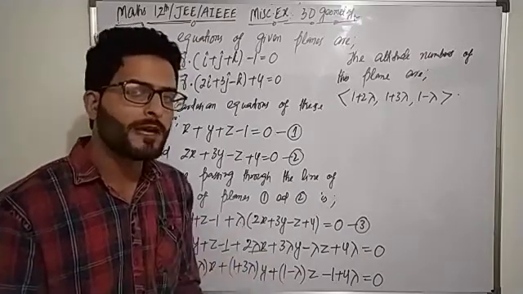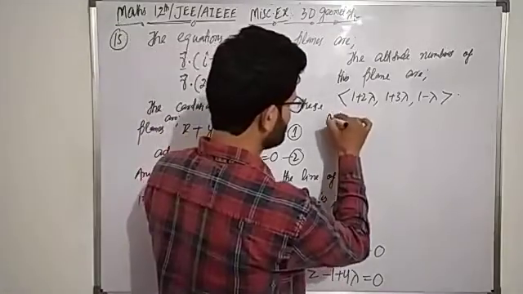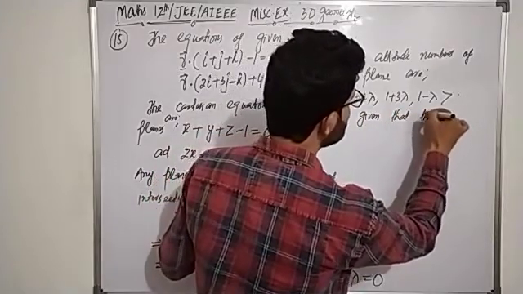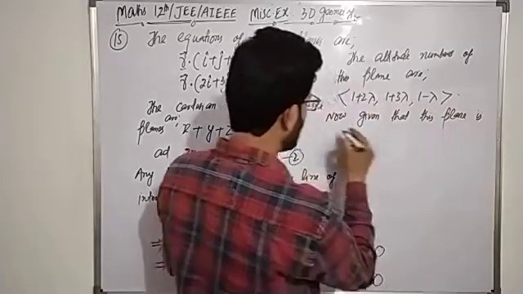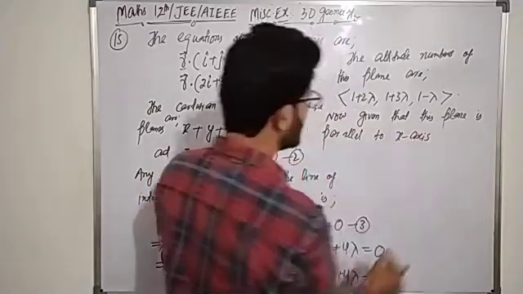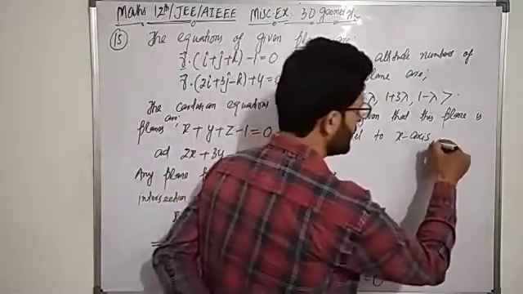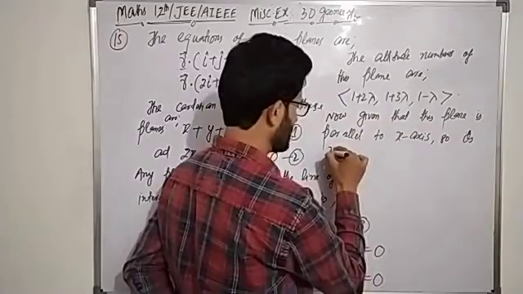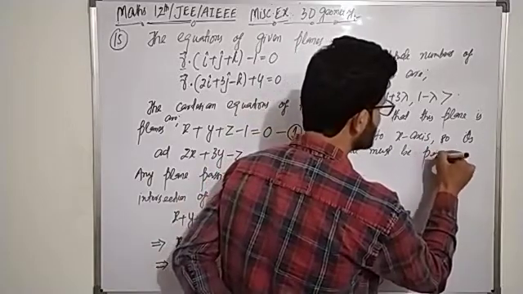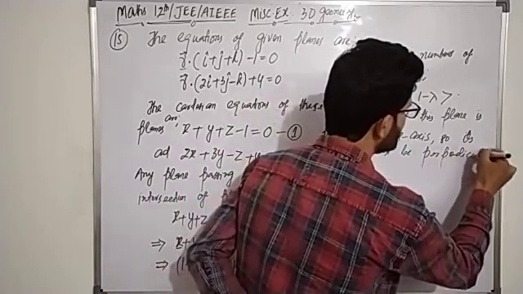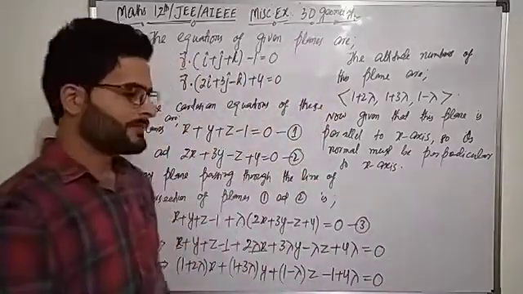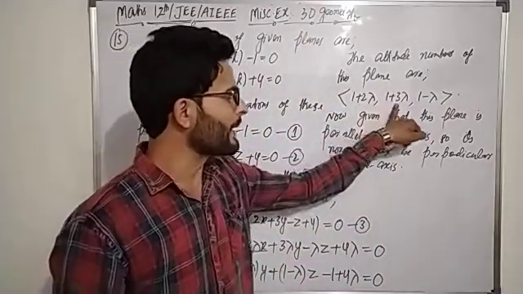So the normal of the plane must be perpendicular to x-axis, right? अब इस प्लेन के एटीट्यूड नंबर हैं 1 plus 2 lambda, 1 plus 3 lambda, 1 minus lambda.